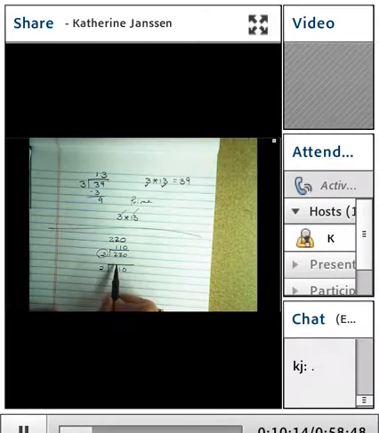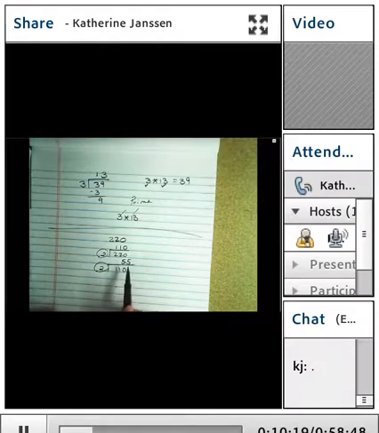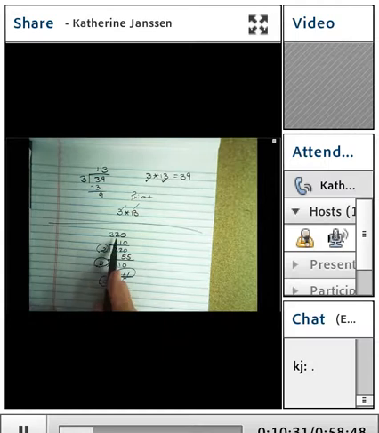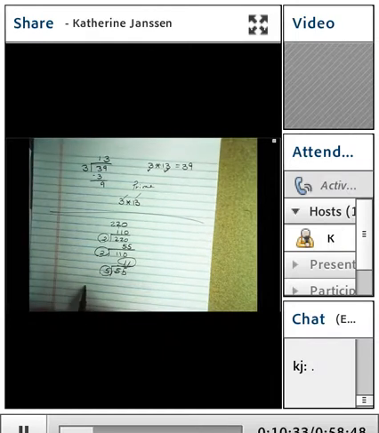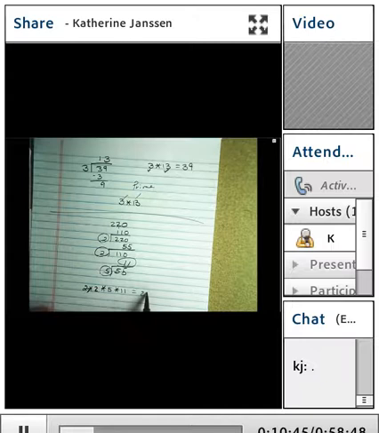And that'll be 55. 55, we know 5 will go into that 11 times. 2 is prime, 2 is prime, 5 is prime, and now we know 11 is prime. So the prime factorization of 220 is the prime numbers 2 times 2 times 5 times 11. And that'll equal 220.